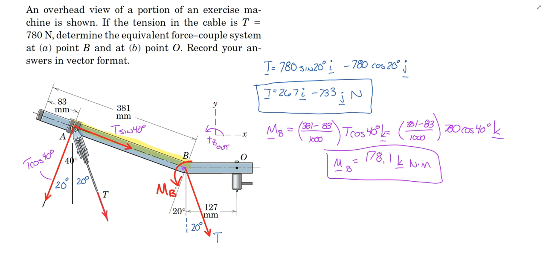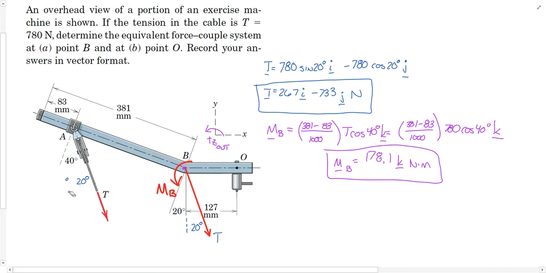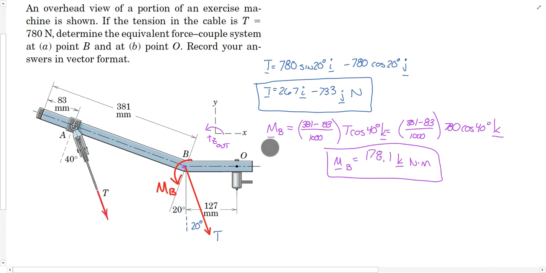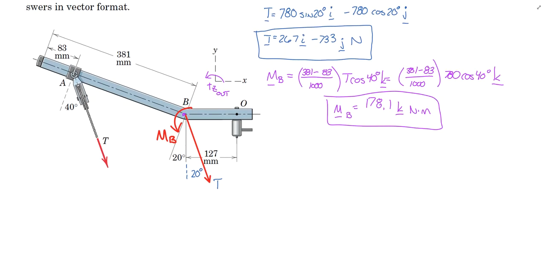Now, I'm also asked to determine the force couple system at point O, and I'm going to start with the force couple system at B, because that will actually be a lot easier for me to do. Okay, so I want to find my force couple system at O. Well, the tension or the force is unchanged.